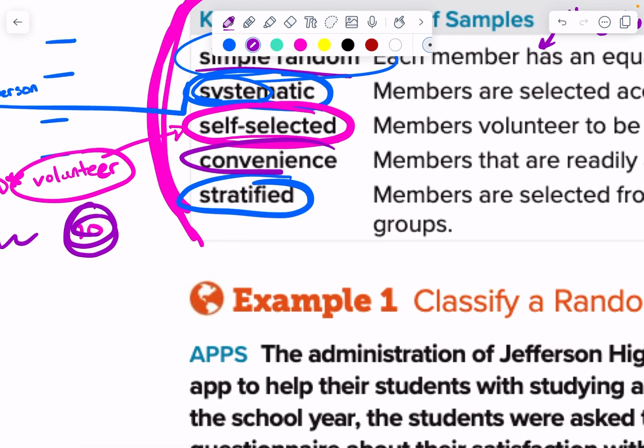A convenience sample also has some flaws. Let's say I need to know the height and weight of high school students.